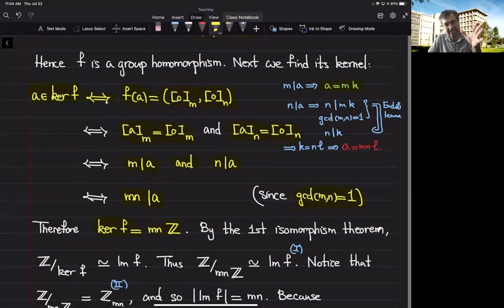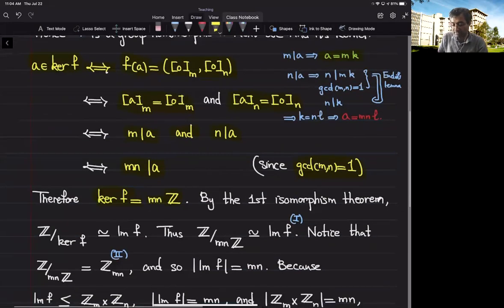Now we understand the kernel of f. We haven't understood the image of f, but let's go to the first isomorphism theorem anyway. By the first isomorphism theorem, Z over the kernel of f is isomorphic to the image of f. The kernel of f we understood, that is mnZ.